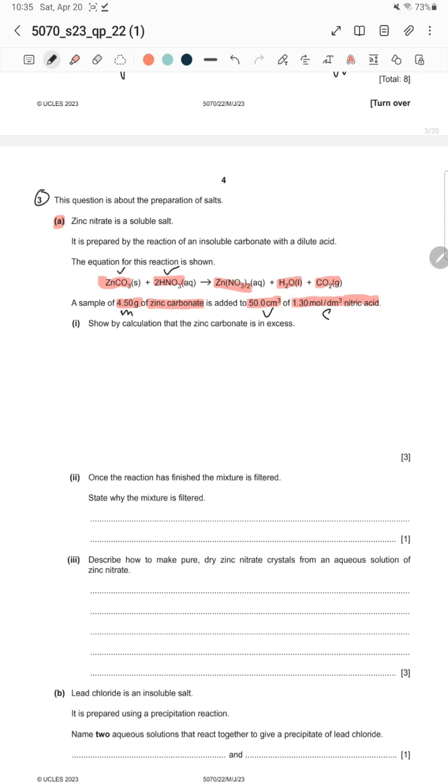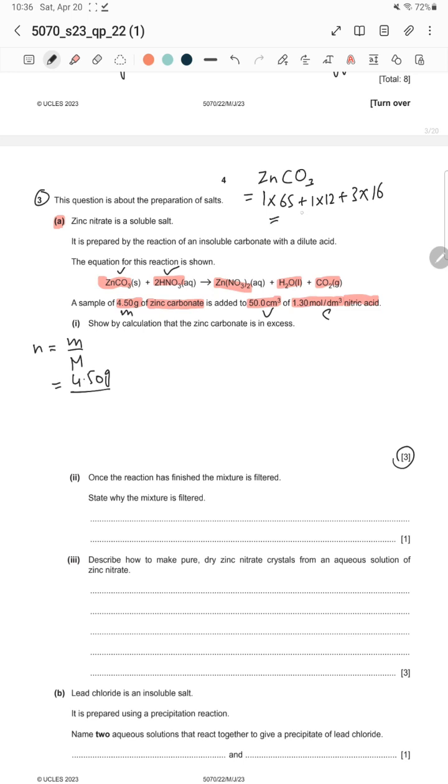So firstly what we will do, we will calculate the moles of zinc carbonate. This is a 3 mark question. So how will you calculate moles from the mass? You use the formula number of moles is equal to mass over molar mass. So here 4.50 gram divided by molecular mass of zinc carbonate, you can find out 1 multiplied by 65 plus 1 times 12 plus 3 times 16.